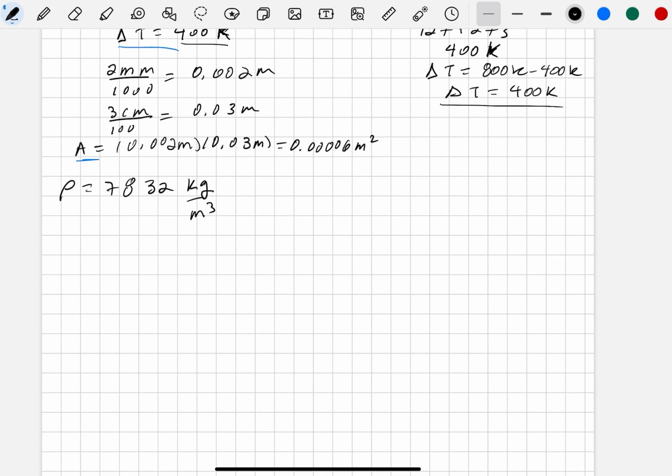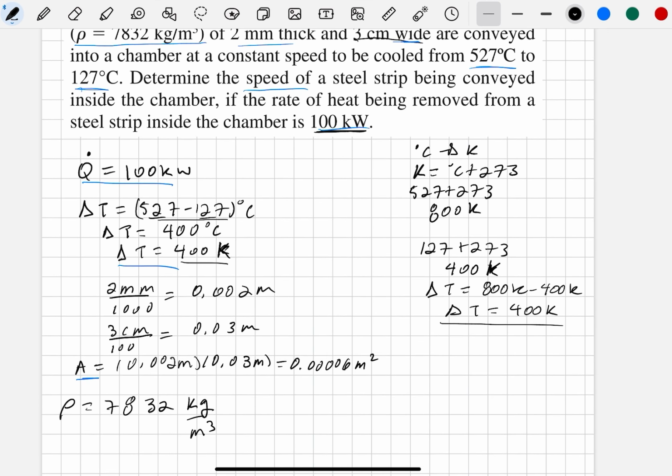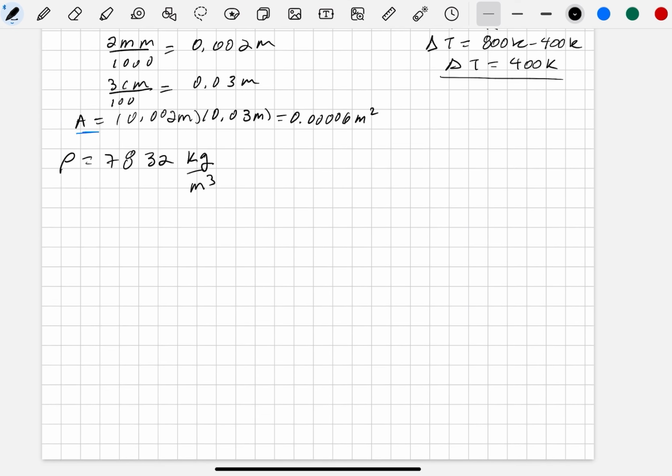Since I want to find the speed of the steel, I know I'm going to be using this formula: Q dot equals m dot c delta T. Why do I know that? Because the mass flow rate has speed in there. Remember, mass flow rate is equal to the density times the speed times the area.